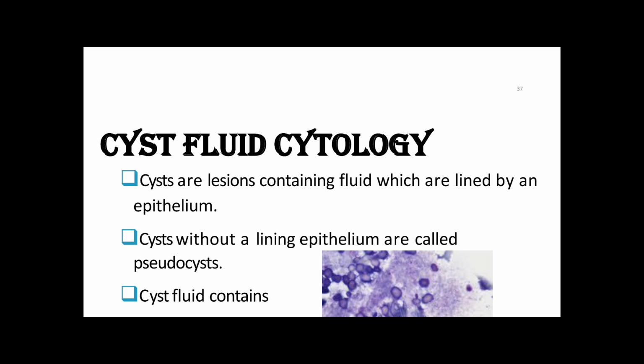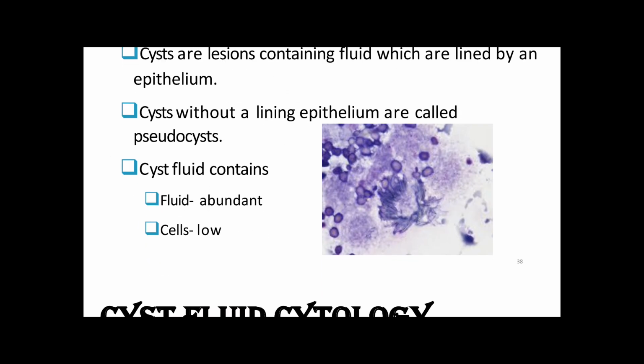When we take fine needle aspirations of lesions, we can get very good information about the cyst. The aspirate of the cyst fluid contains abundant fluid and a low cellular yield.